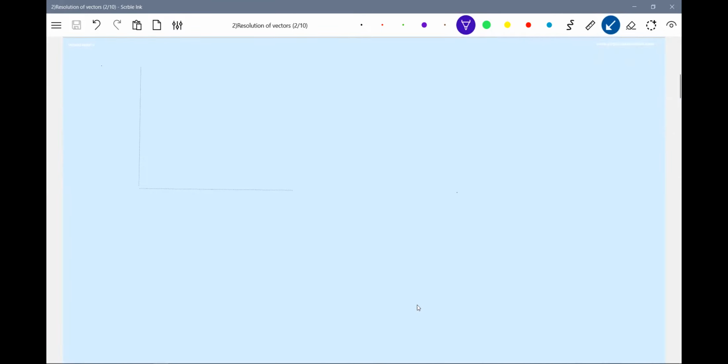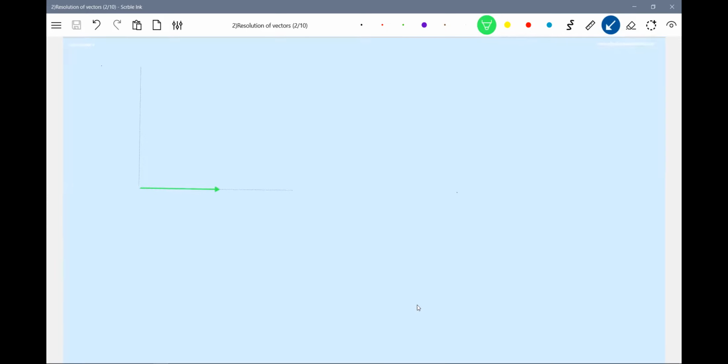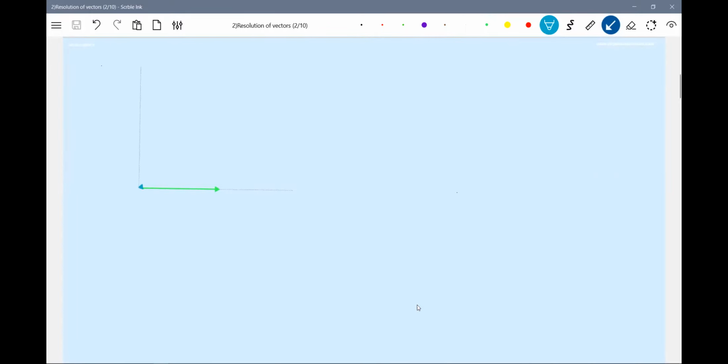Let this be vector a bar, which lies very specifically along the x-axis, and let there be another vector which is making a certain angle. This is b bar, which is making an angle theta of 30 degrees.